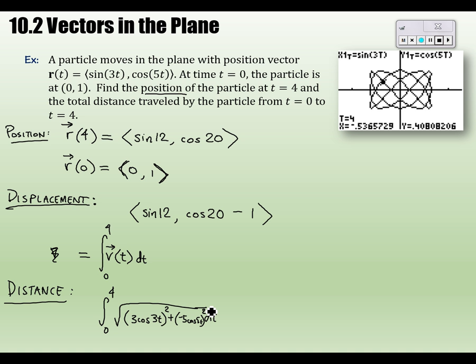And that's one we can just type into our calculator. We'll get some positive number that will be the total distance it traveled.